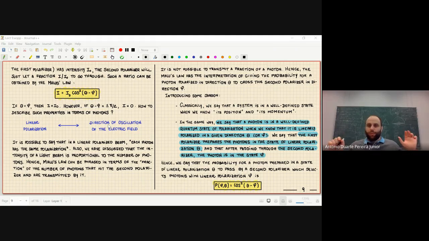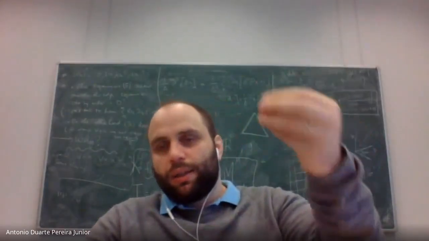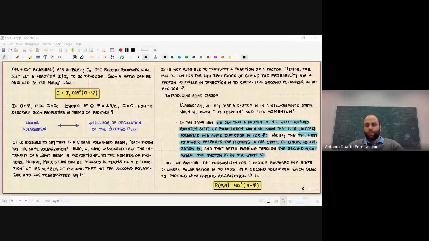So what we can predict in quantum mechanics is the probability that you're going to get a given value for a physical quantity. And this is what we are discussing here, because we are formulating the polarization of light as the question, what is the probability that a photon that was prepared with polarization theta is going to pass through a polarizer with polarization phi?